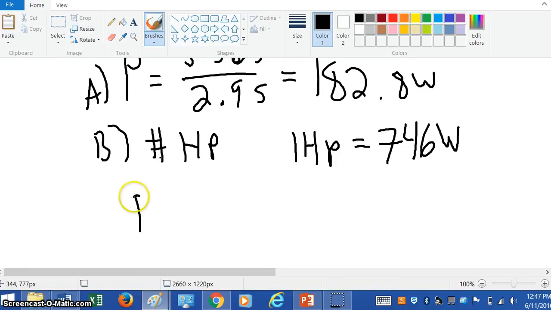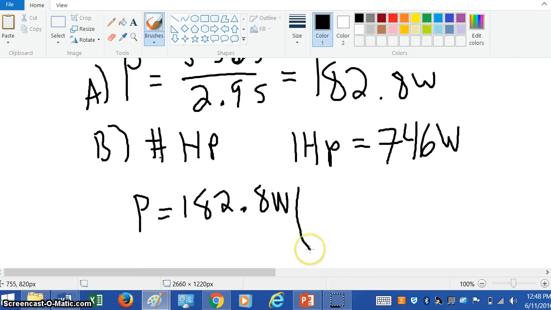So the power is equal to 182.8 watts. And we know that there are 746 watts in 1 HP. Notice the order of the fraction. The denominator has the watts so that we can cancel watts right there.